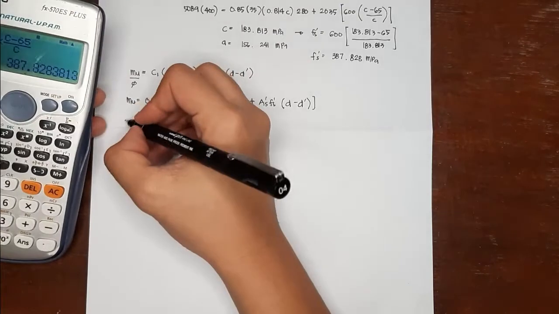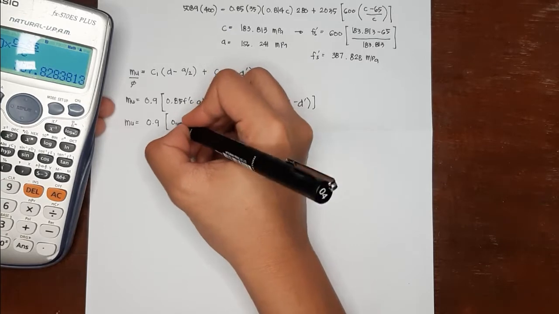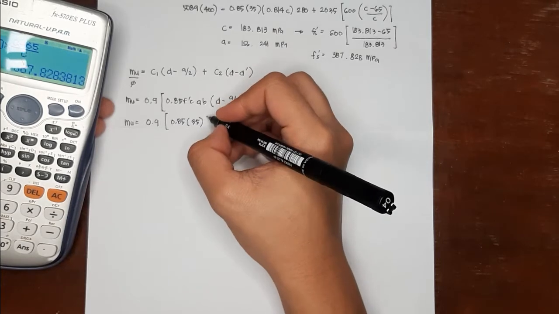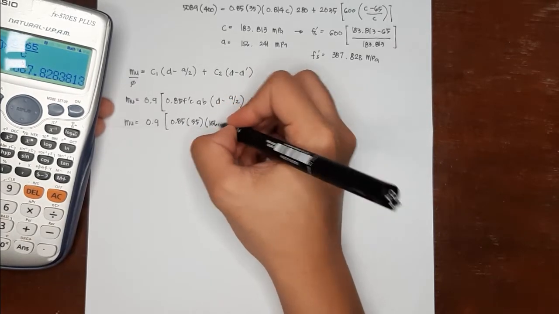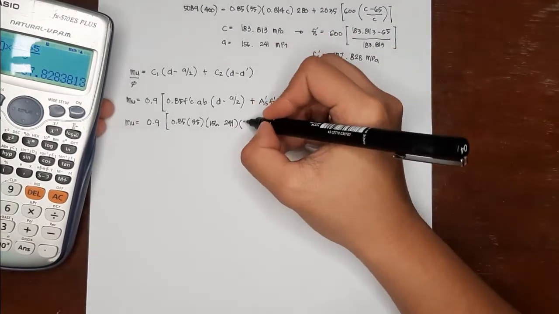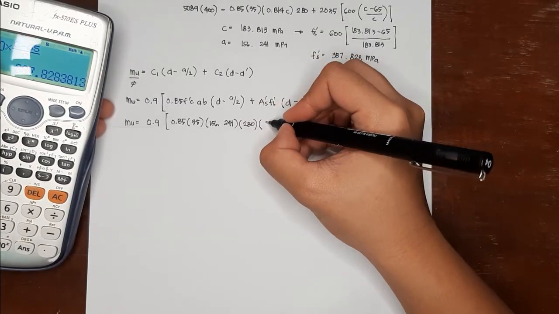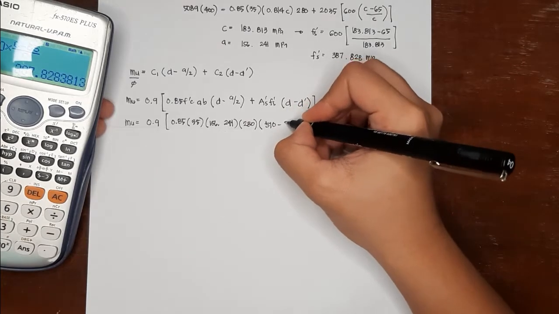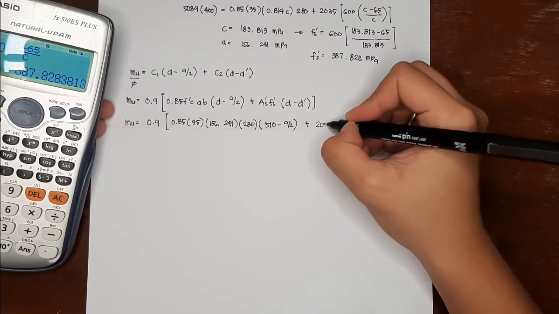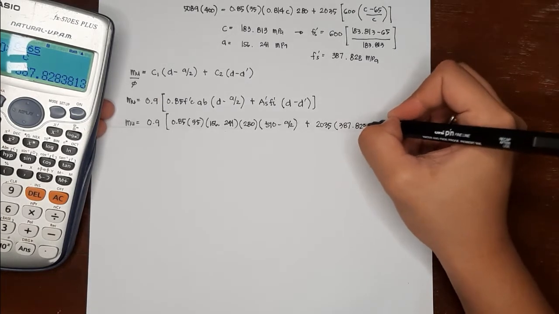And this would be Mu equals 0.9, times 0.85, your F prime of C is 35. The value of A is 156.241. The value of B is 280. The value of D is 510 minus A over 2. AS prime is 2,035. Fs prime is 387.828.